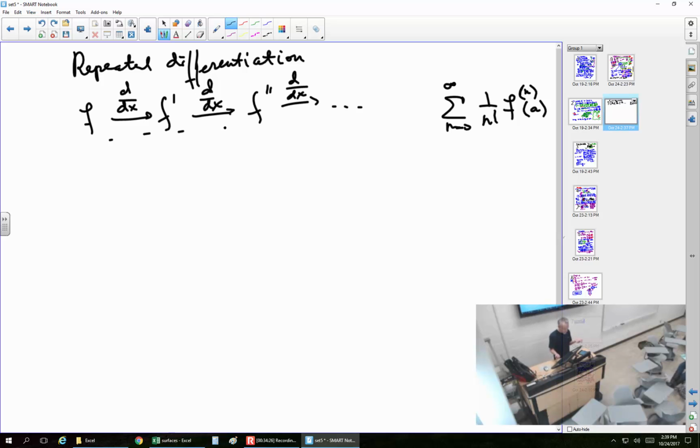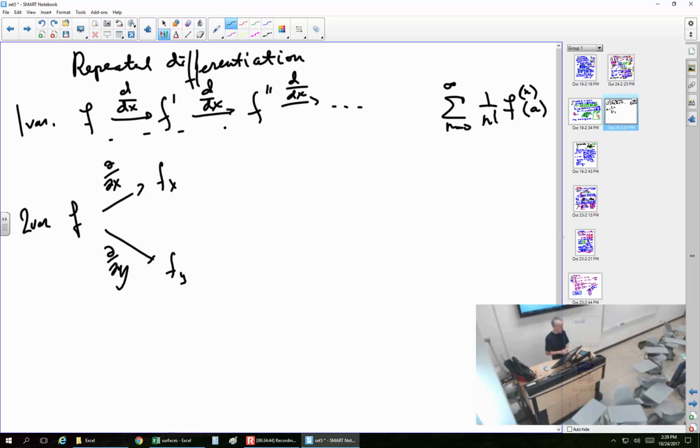Now, what happens with a function of 2 variables? One variable, 2 variables, 2 derivatives: d/dx and d/dy. So I have f sub x, f sub y. This is the notation for the derivative.